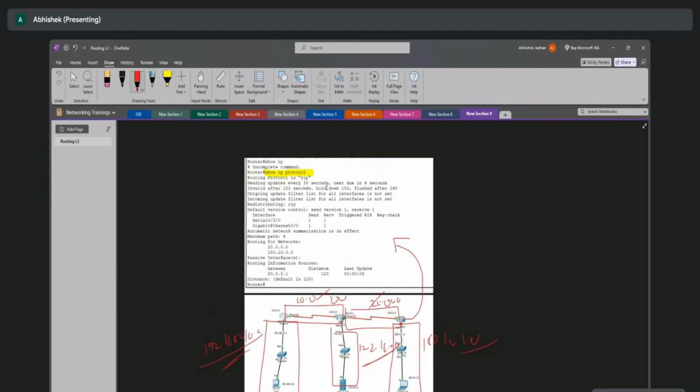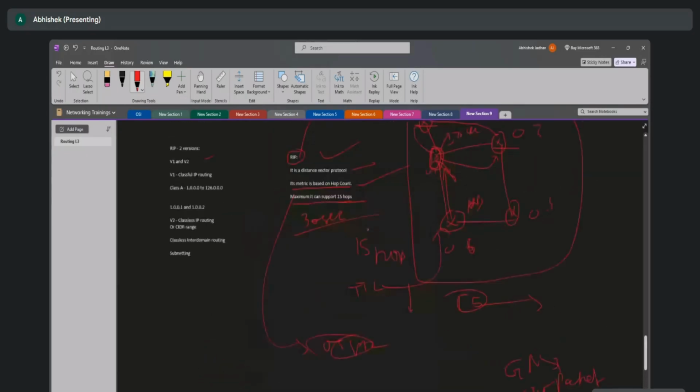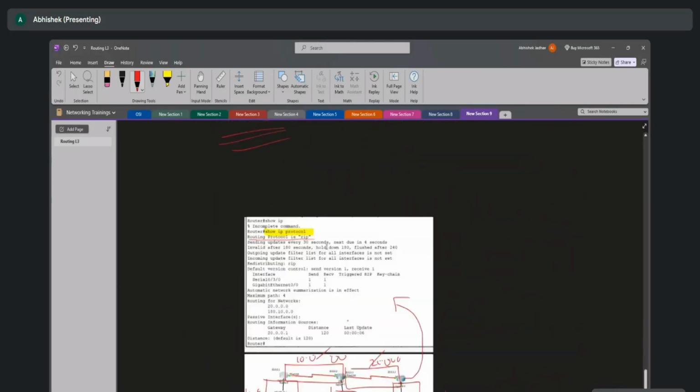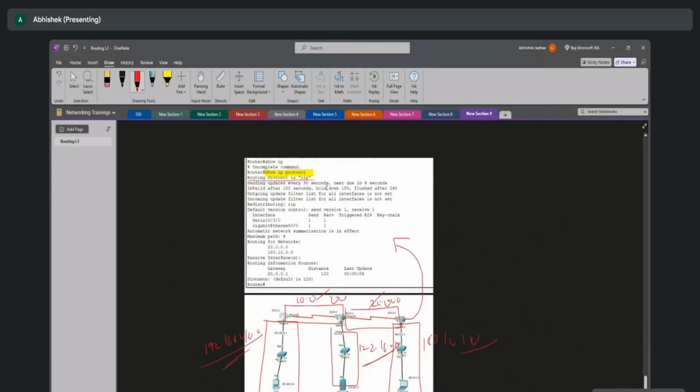You see that it shows me that the routing protocol is RIP. And as I earlier told you, the updates will be sent or received within 30 seconds, that is what is happening here. Sending updates every 30 seconds, next due in 4 seconds. I think I took the screenshot when it was at 26 seconds, right?